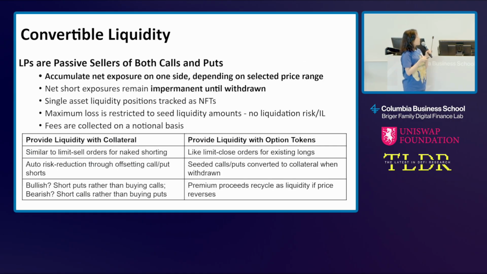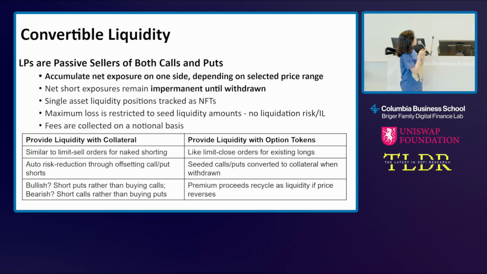In our case, liquidity works in a similar way to Uniswap v3, and basically the liquidity providers are the counterparties to the swappers. They're passive sellers of call tokens and put tokens. And there are two liquidity types. One liquidity type is the collateral type.